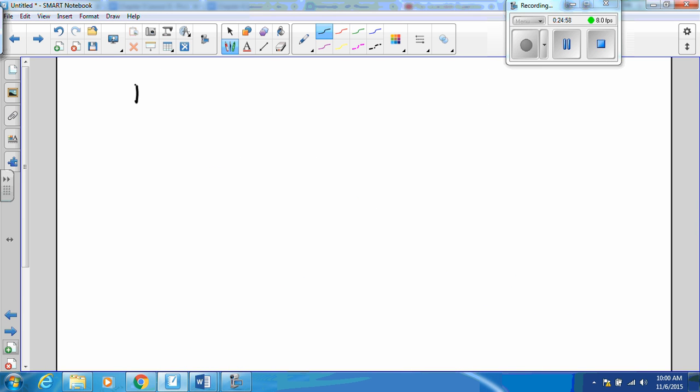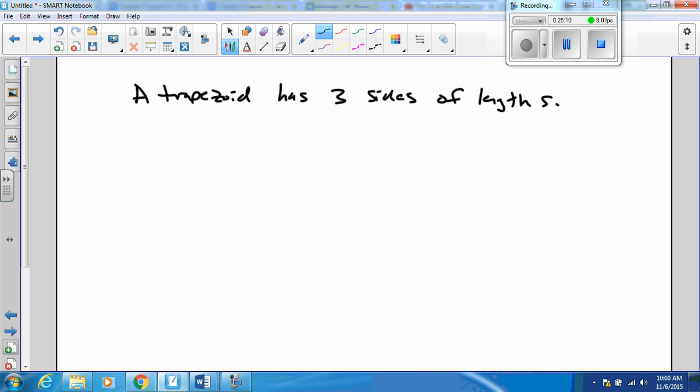Okay, let's see what you do with this one. The trapezoid has three sides of length s.